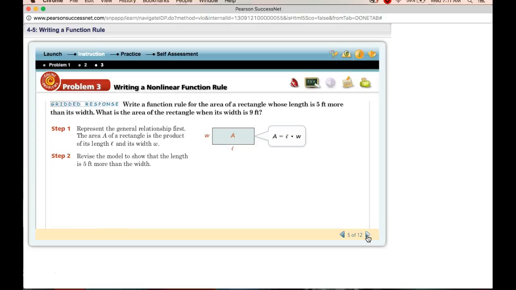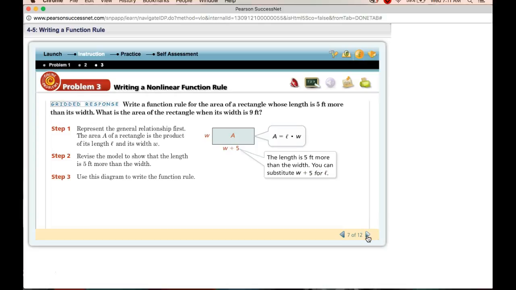Step 2. Now revise the model to show that the length is 5 feet more than the width. So we should be subbing 5. Since the length is 5 feet more than the width, you can substitute W plus 5 for L. Step 3.